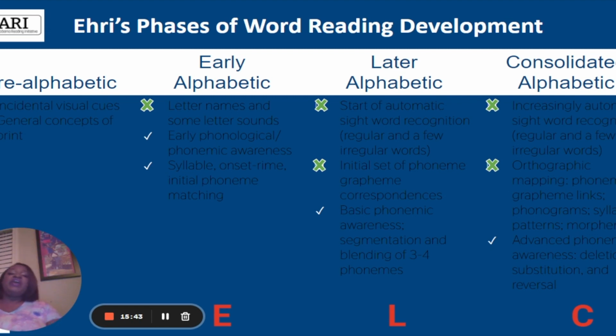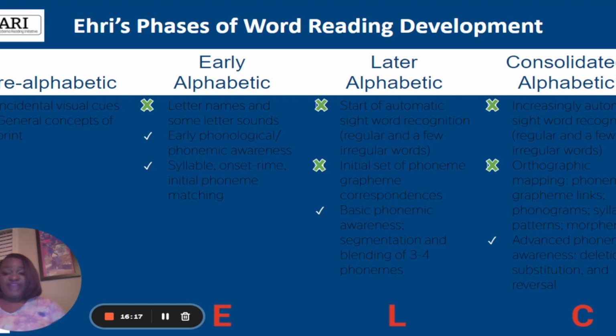Now, in our letters manual, we learn about Ehri's phases of word reading development. When we talk about phonological and phonemic awareness, there are some different skills in each of those phases that we can say, yes, that falls under phonological or phonemic awareness, or no, that does not fall under phonological or phonemic awareness.